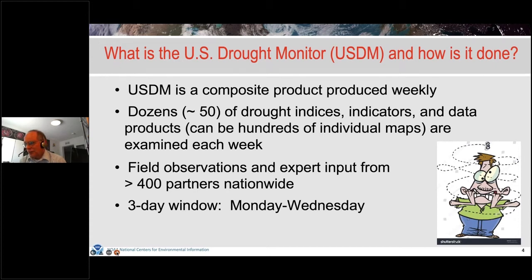We also incorporate field observations and expert input from over 400 partners nationwide. I think that's probably over 600 now. I can never keep track of how many people are feeding into this. NDMC has a nice pie chart that breaks our partners down. We do all of this in a 3-day window, Monday to Wednesday, and the little picture on the right is kind of how we feel at the end of Wednesday.